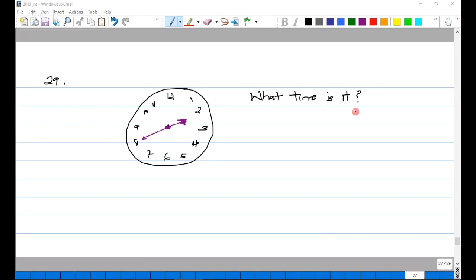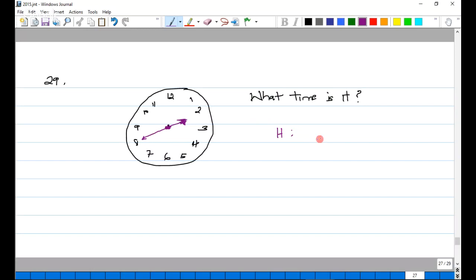So here we have a clock. The hour hand is pointing at 2 and the minute hand is pointing at the 8. What time is being shown on the clock? Sir, I'm not sure.